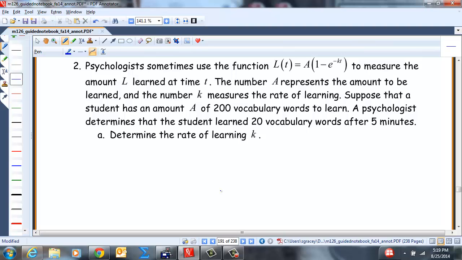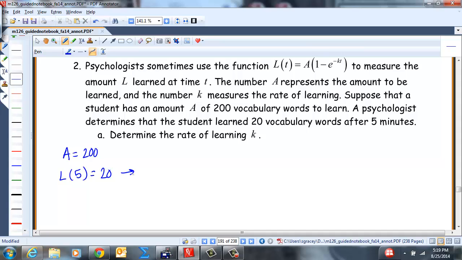And we've been given a starting point. We've been given that a is 200. We've also been given that L evaluated at a time of 5 minutes is equal to 20 from that one line. So what does that mean?